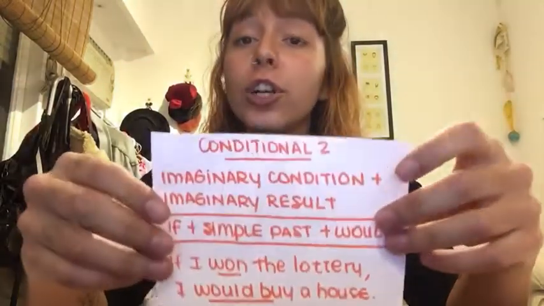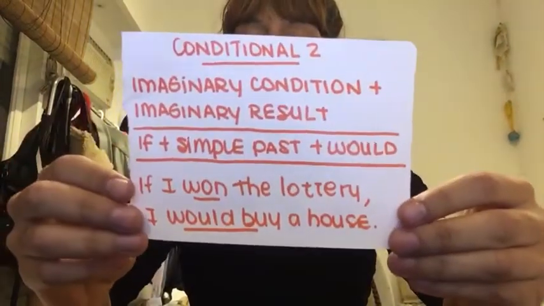So, if the situation that we are talking about in the present, si estamos hablando de una situación en el presente, which is unreal, irreal, or imaginary, imaginaria, so it's very difficult that this situation happens, es muy difícil que suceda esta situación, vamos a usar el simple past. So for conditional two, we are going to use the simple past.